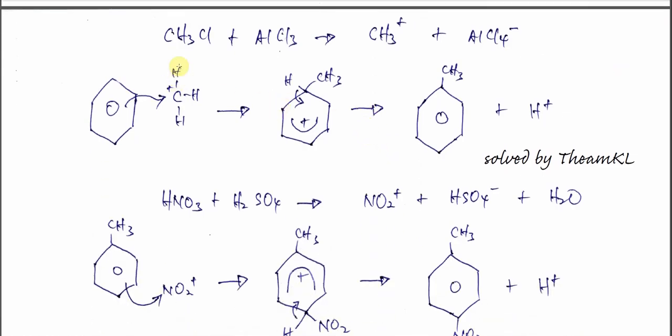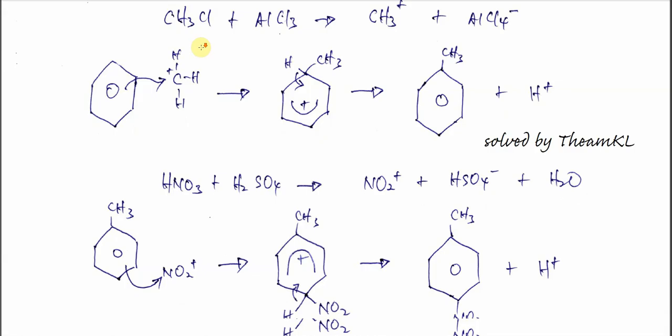For the first step, as I told you just now, you need to use chloromethane and the catalyst. One chloride from the chloromethane is gained by the catalyst to form AlCl4 negative, and the CH3 here forms a carbocation, which is the electrophile. This carbocation reacts with the benzene.